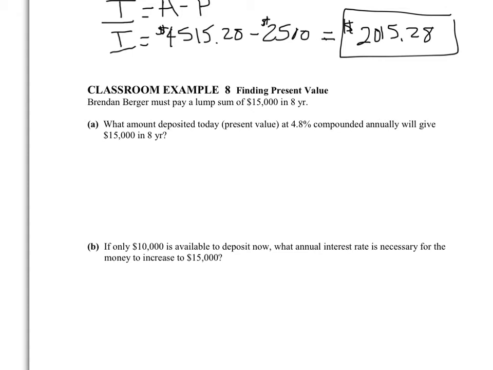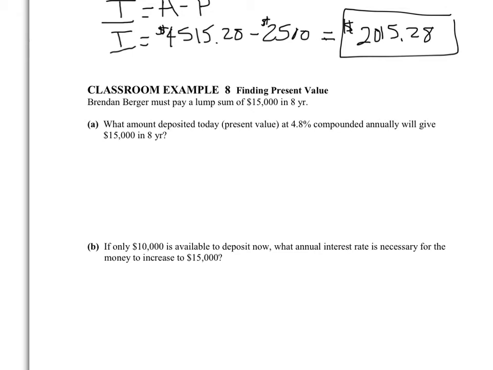He needs to figure out how much he would have to deposit today. In other words, we're going to look for what that present value or that principal amount would be at 4.8% compounded annually. That would be his interest rate. That would give him $15,000 in 8 years.